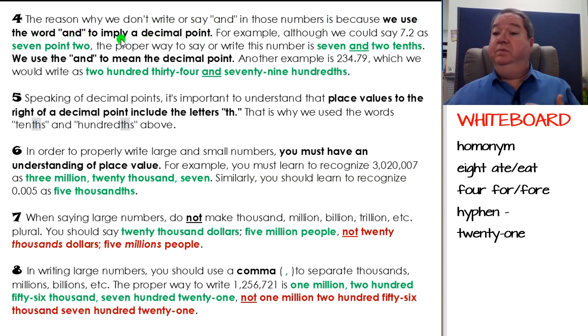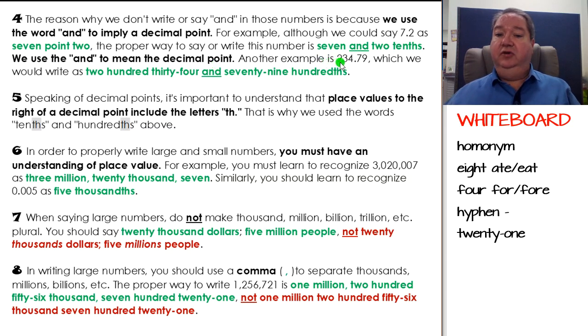For example, although we could say 7.2 as "seven point two," the proper way to say or write this number is "seven and two tenths." We use the "and" to mean the decimal point. It's a fraction of a number.